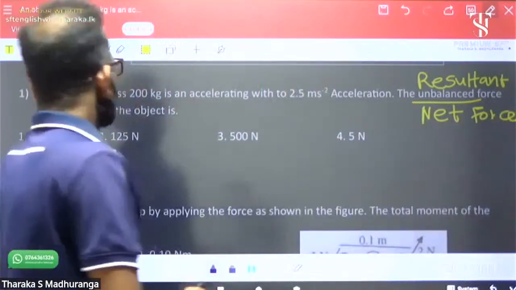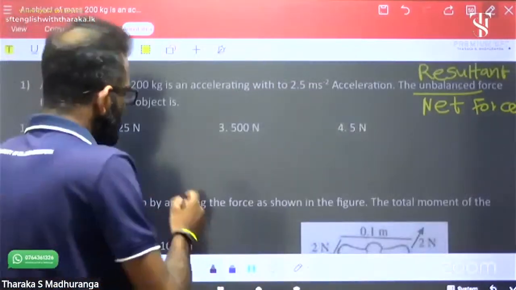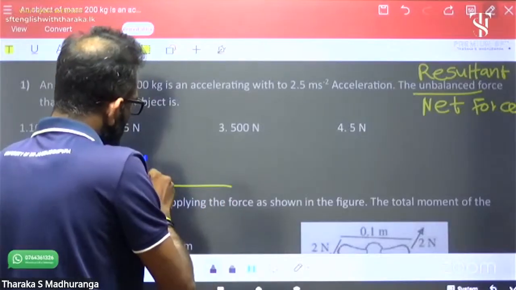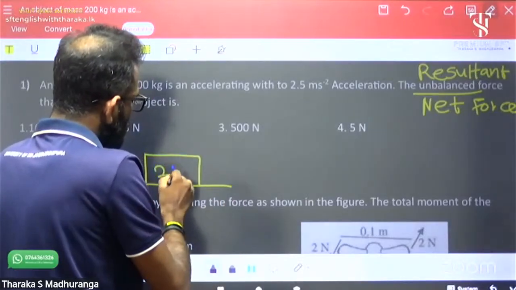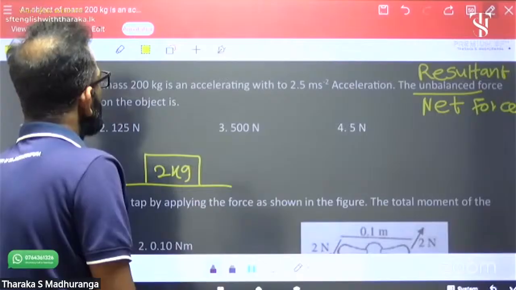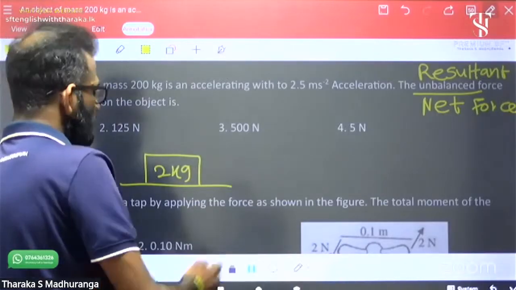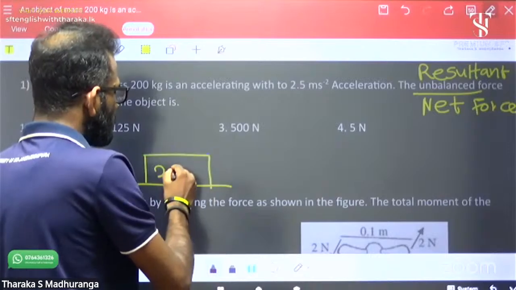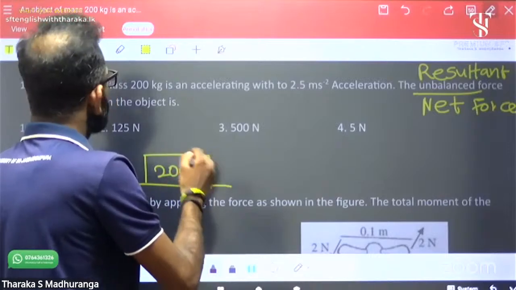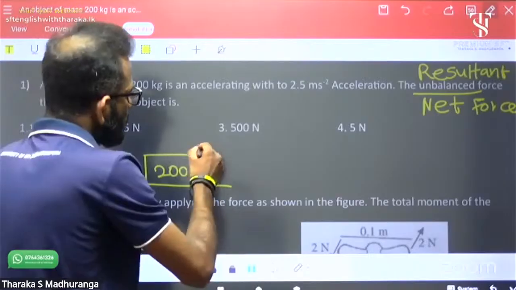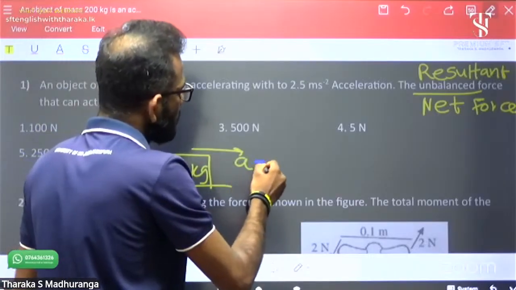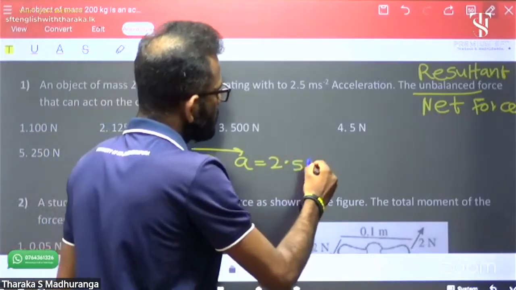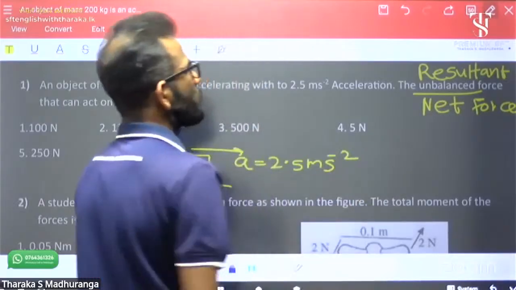Okay. Now think this is the object, 2 kilogram. Sorry, not 2 kilogram, 200 kilogram, right? The 200 kilogram object is accelerating with 2.5 meters per square second.